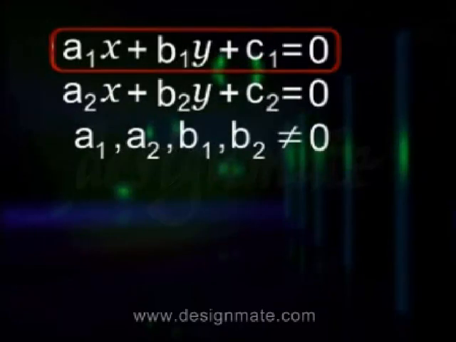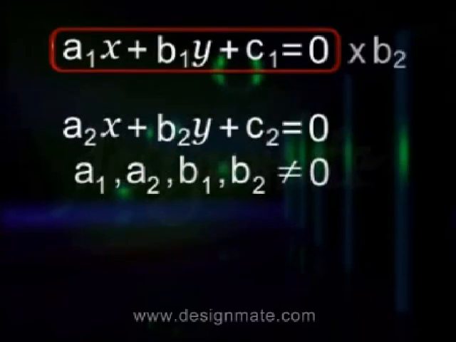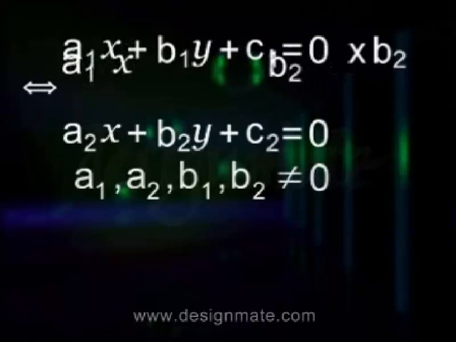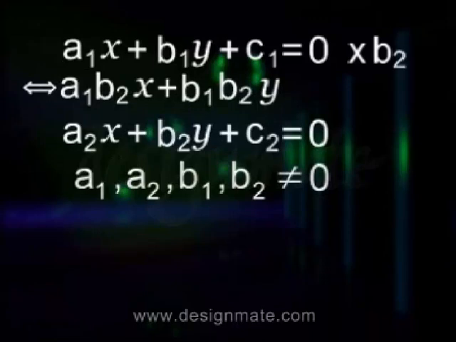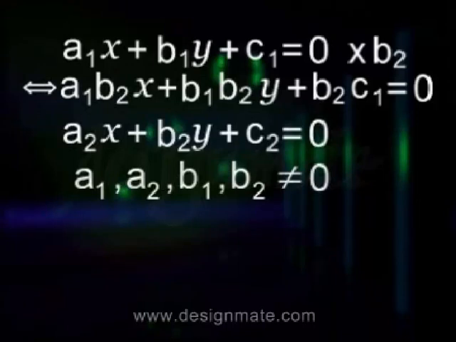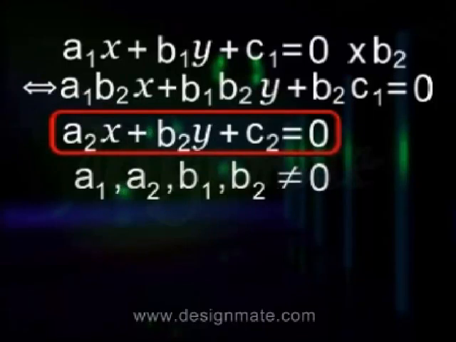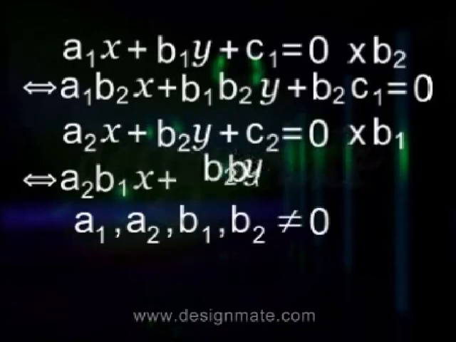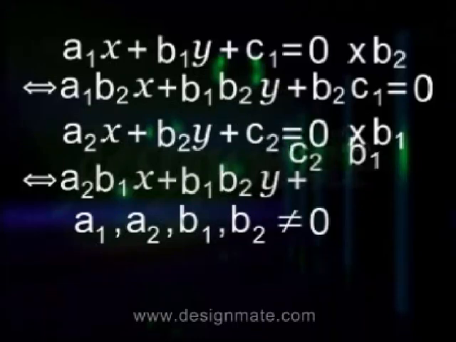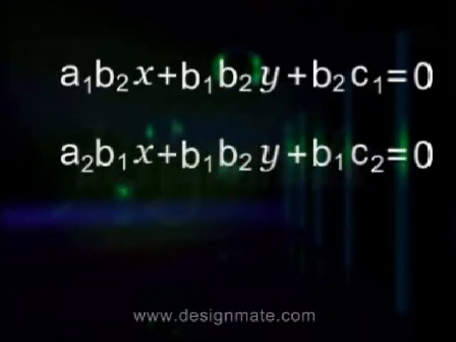Then a1x + b1y + c1 = 0 implies that a1b2x + b1b2y + b2c1 = 0. And a2x + b2y + c2 = 0 implies that a2b1x + b1b2y + b1c2 = 0.